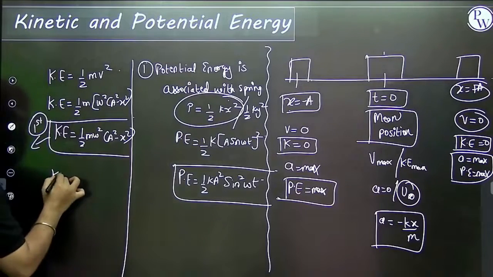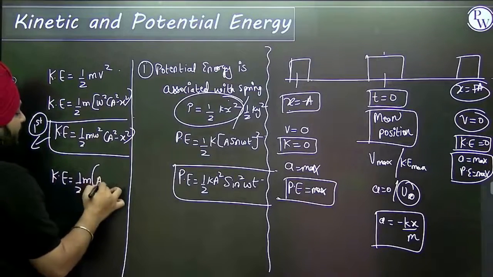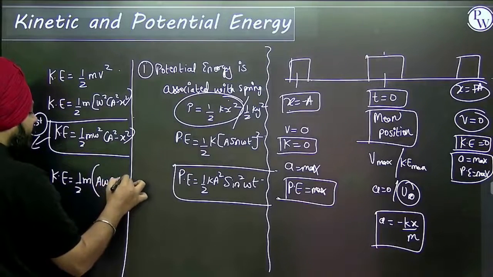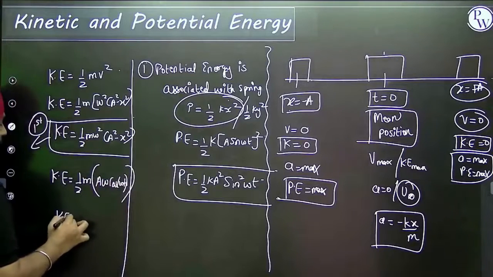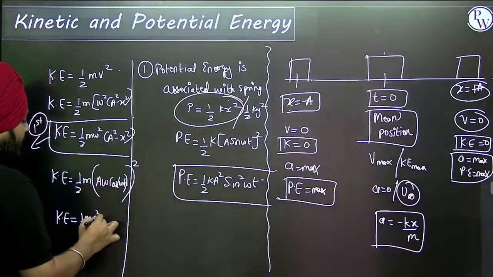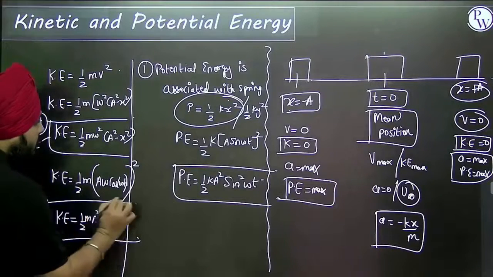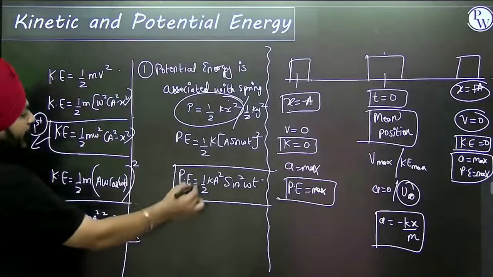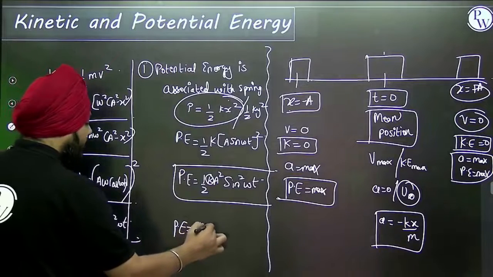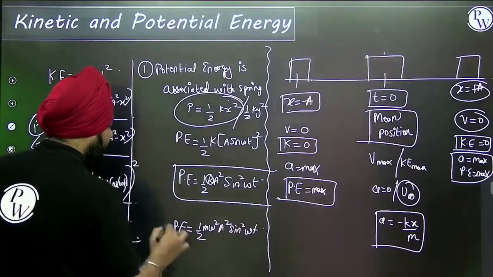The second equation of the kinetic energy is half m. If I replace the equation of v, that is a omega cos of omega t plus phi, or cos of omega t, the kinetic energy is half m a square omega square cos square omega t. If I replace the value of k here, we get the equation of potential energy as half m omega square a square sine square omega t.